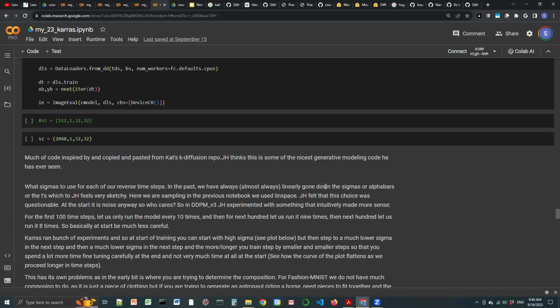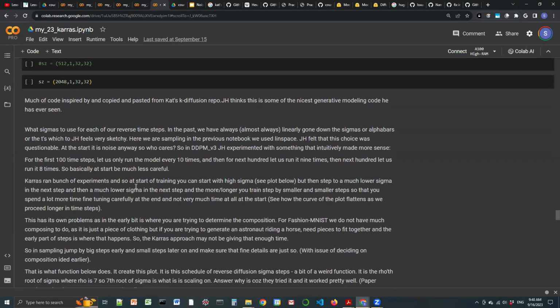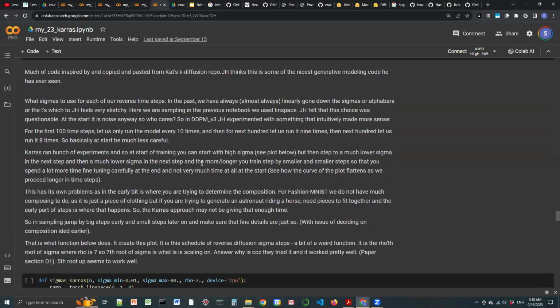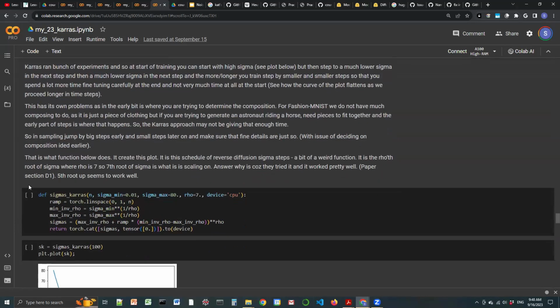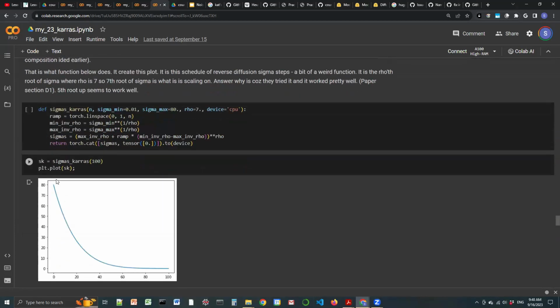We have always used linear time steps, but this is where he begins to question some of the choices that are made. Karras analyzes everything, so they run a bunch of experiments. They use different sigmas, different schedules. The sigmas they choose are based on this stepping process, which is described here.